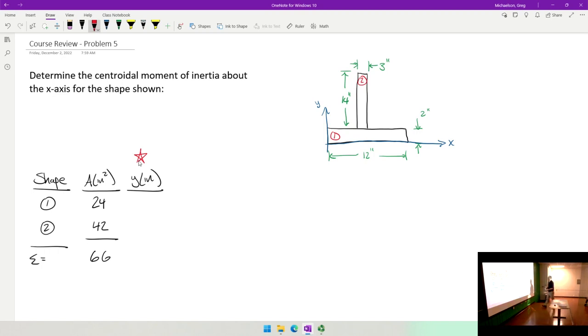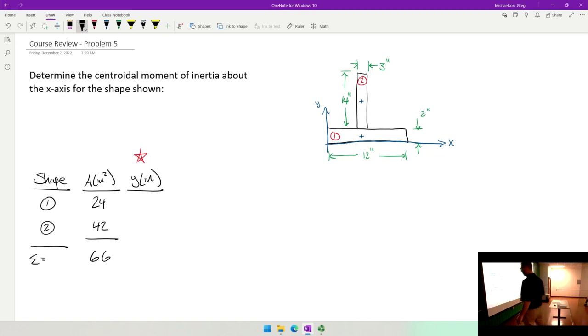In this case, we are expressing distances from our origin, or in this case, from the bottom of the shape. So what I need to do is I need to locate the centroid of each of these little rectangles and express it from the bottom. So question, how far is it from the bottom of the entire cross-section, that little plus right there?